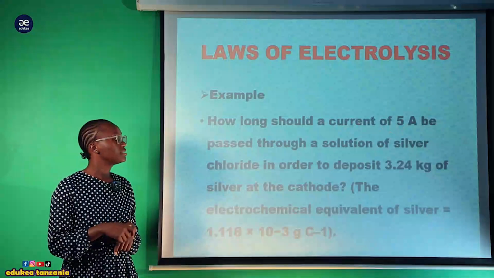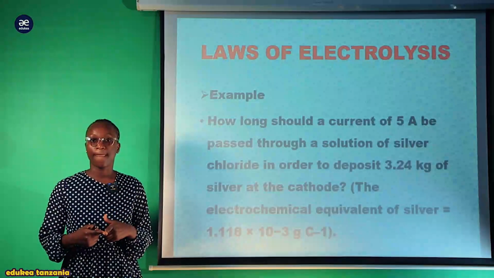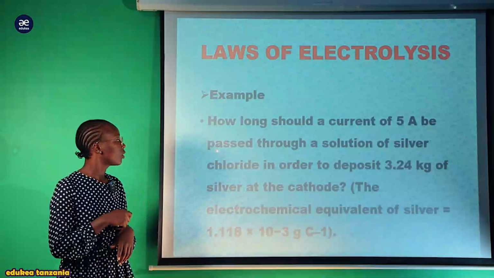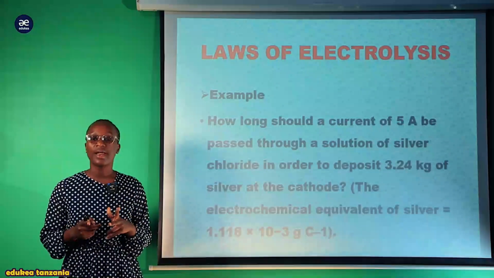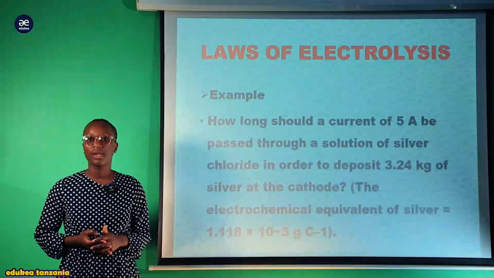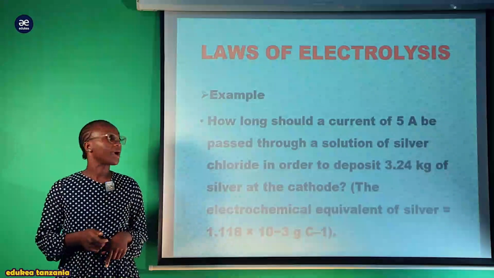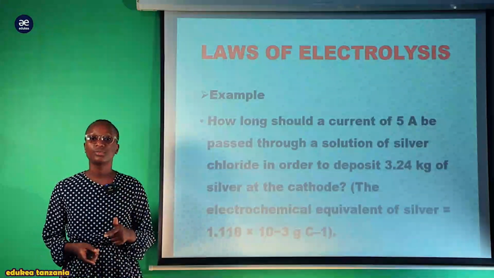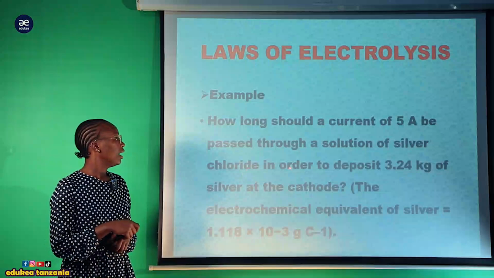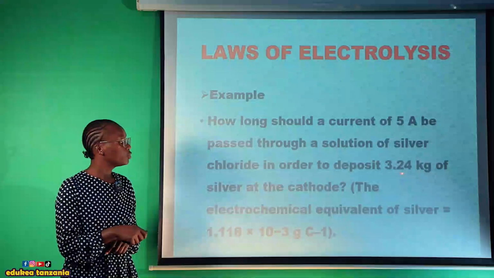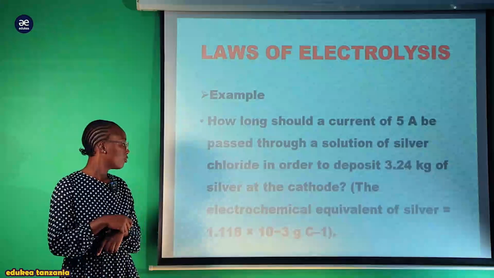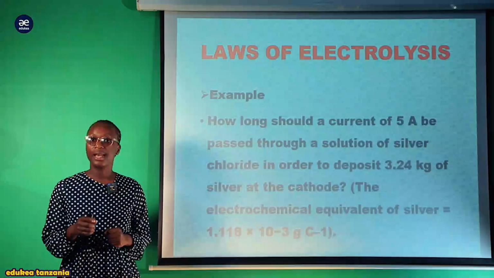How long should current, hapo umepewa na current pia. Ni muda gani huu umeme utakuwa passed, utapita kwenye solution ya silver chloride. Our electrolyte here is silver chloride. Kwa hiyo ni muda gani umeme wa current ambao umepewa hapa ni 5 utapita ili kuweza kufanya deposition ya 3.24 kg of silver katika cathode electrode.